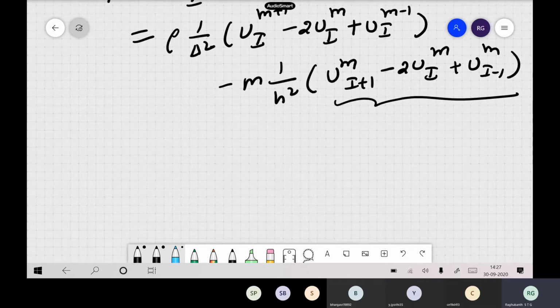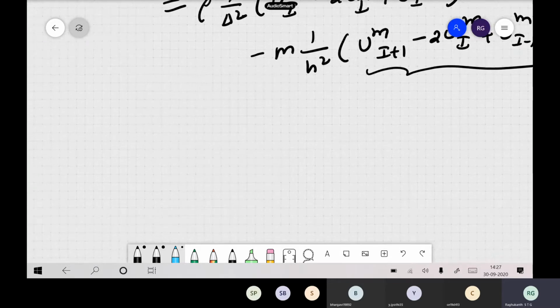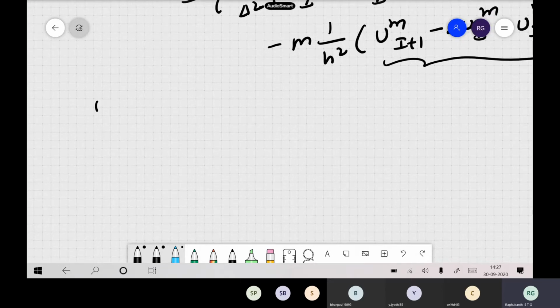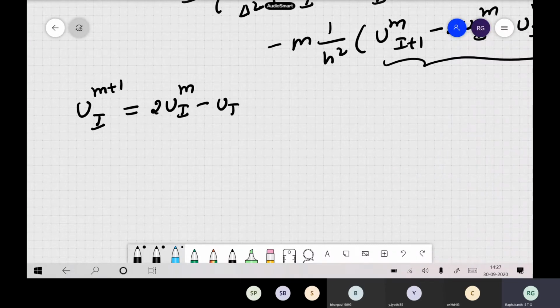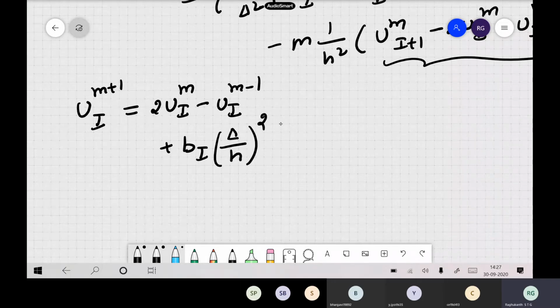Okay, so you can write this expression also like in a time marching scheme. So these are for the consistency. So if you want, you can write this as a time marching scheme. So you can also write like this. So u i m plus 1, at future time, you can write this as 2 u i m minus u i m minus 1 plus m i, okay, delta by h whole square.